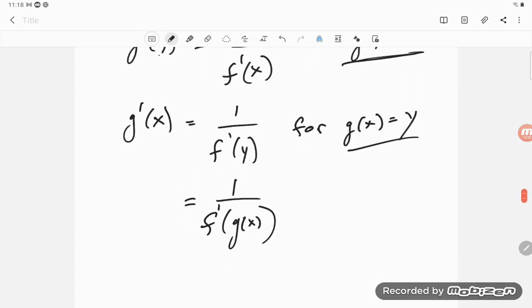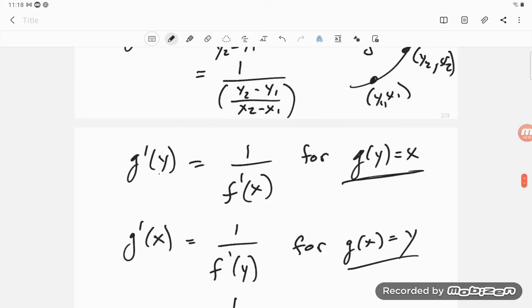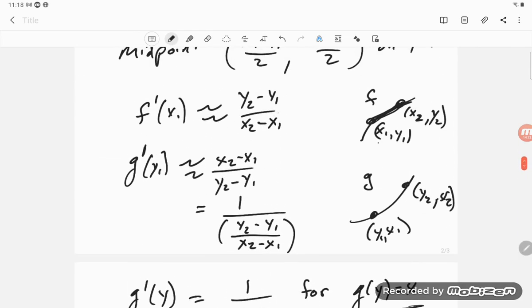Okay, and that's the big thing they're trying to get us to for those derivatives. And really it just comes down to our approximation. I didn't actually take the limit, I didn't use the limit sign here, but I could have, and as long as the inverse exists and so forth, as I let x2 go to x1, then y2 also has to go to y1, and so that's kind of the proof, and so we can get the derivatives that way.